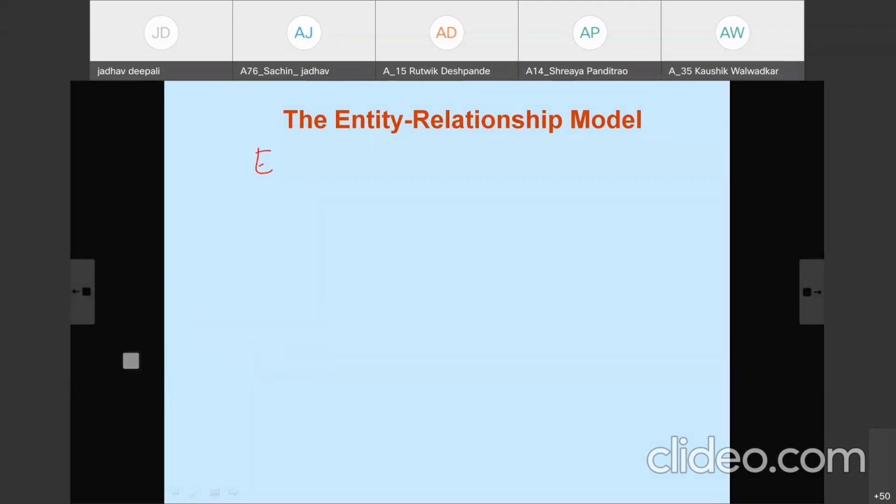The word entity is very important here. So what is an entity?